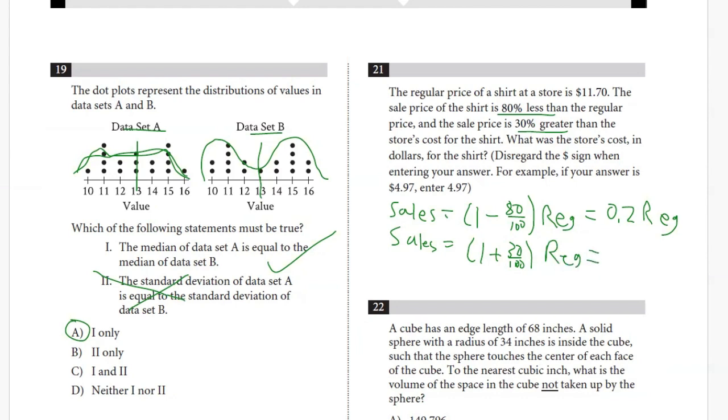Oops, not reg. Should be cost. Stores cost. This is equal to 1.3 cost.